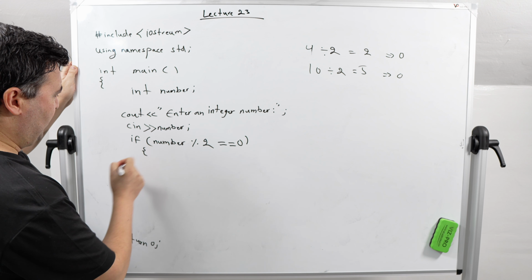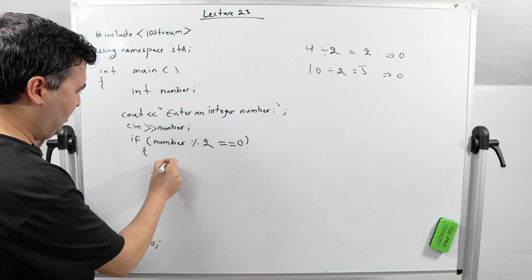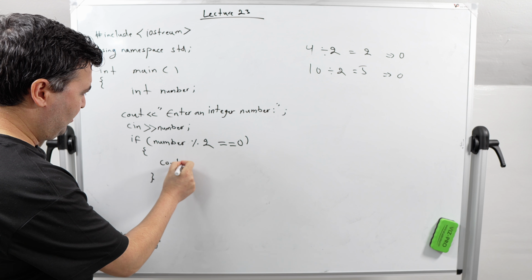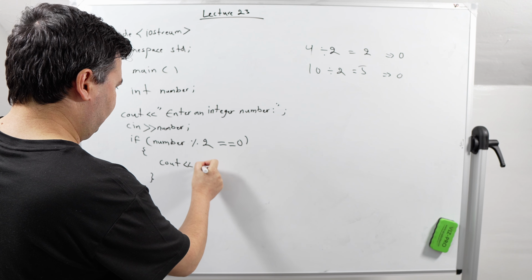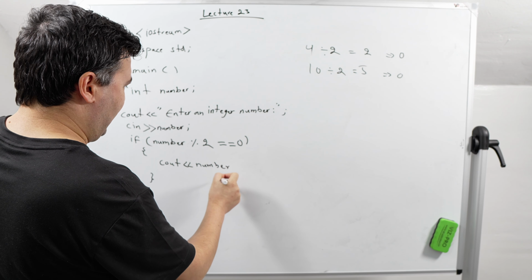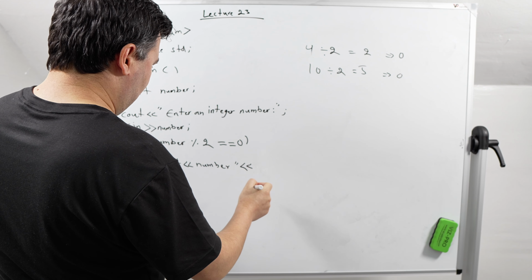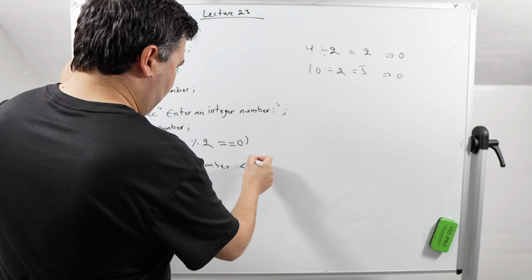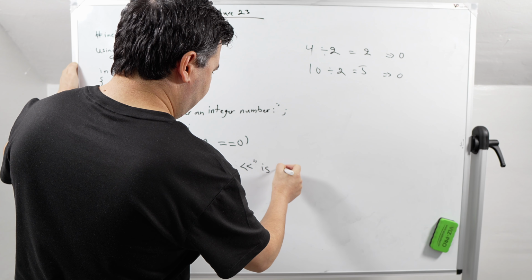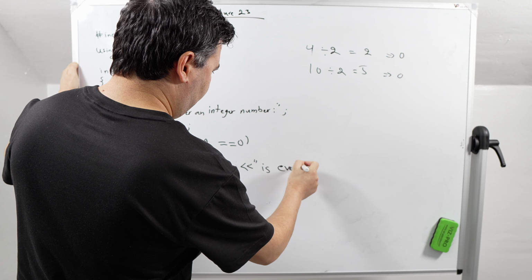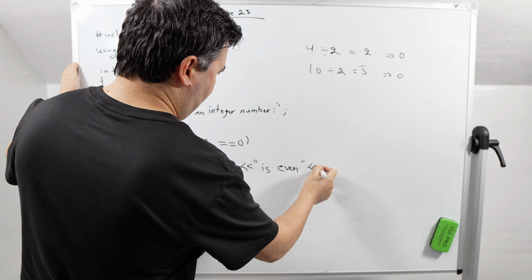We open the if block and close the if block, and we cout, in quotation marks, "number is even", followed by endl.